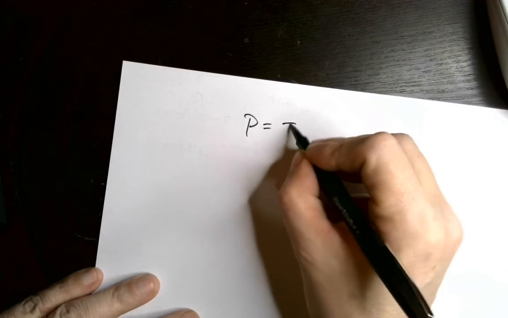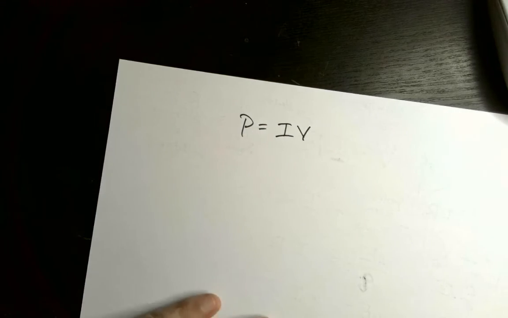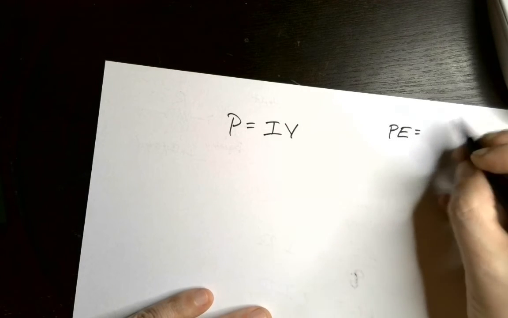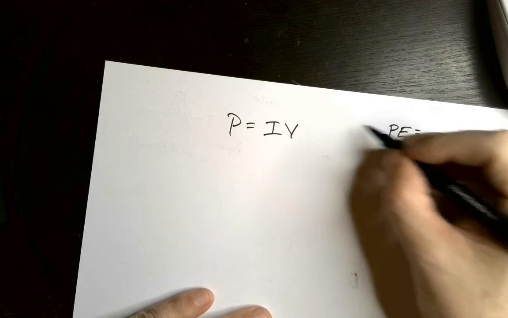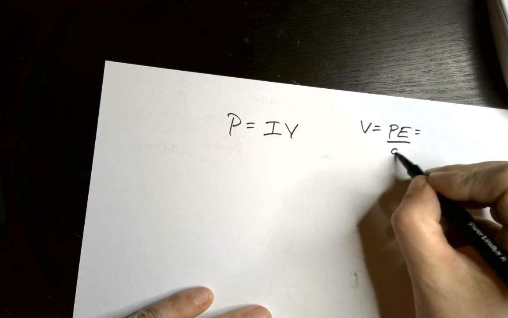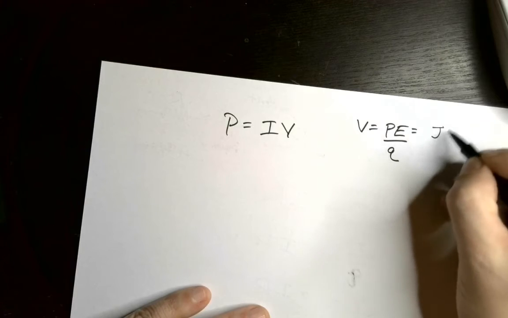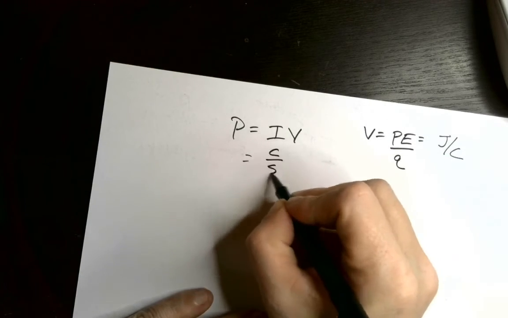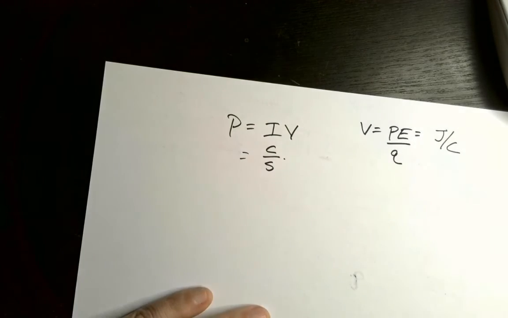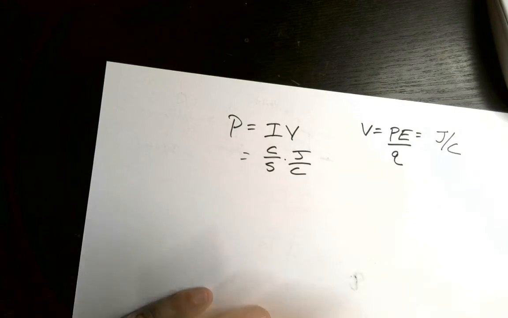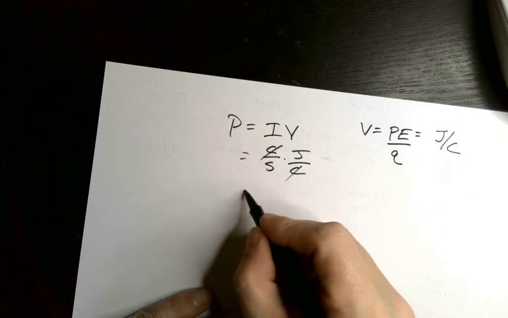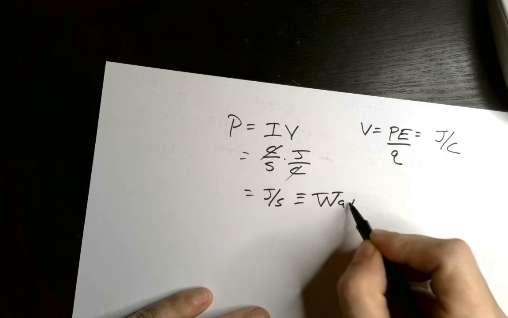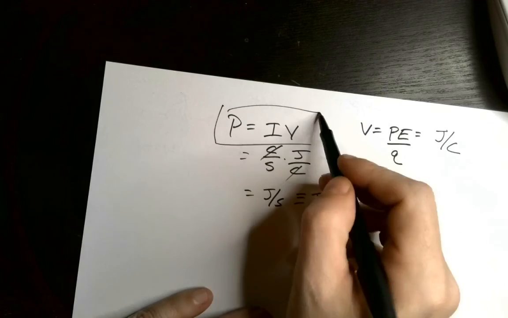Power equals IV. Voltage is potential energy per unit charge, right? So that's a joule per coulomb. So power is equal to a coulomb per second, an amp, times a volt, which is a joule per coulomb. The coulombs cancel. That gives us a joule per second, and a joule per second is equal to, by definition, a watt. So you can see that this equation gives watts.